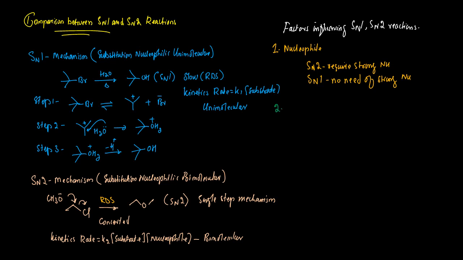The second factor is about solvent. Usually SN1 requires a good ionizing solvent because it is needed in the first step for ionizing the substrate into a carbocation. But as far as SN2 is concerned, there is no need for such a requirement.